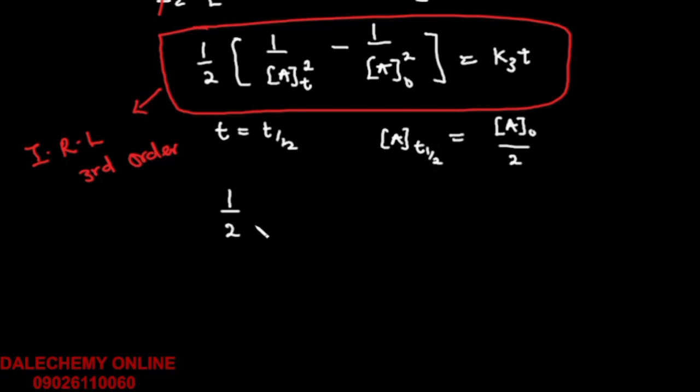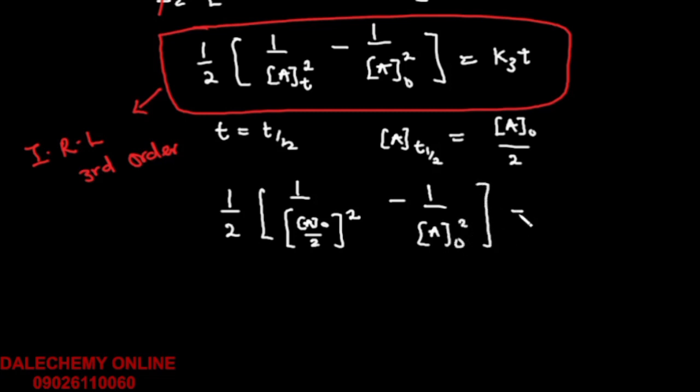We have 1 over 2, 1 over, so this a will now become a naught over 2. So we now have a naught over 2 all raised power 2, then minus 1 over a naught raised power 2 equal k3, then t will now become t half.